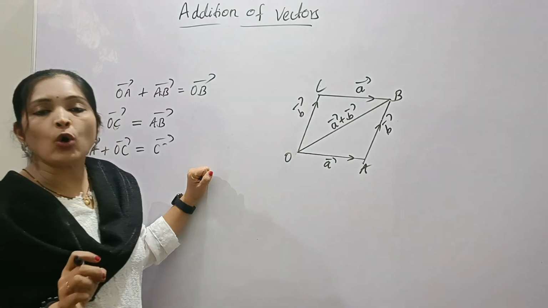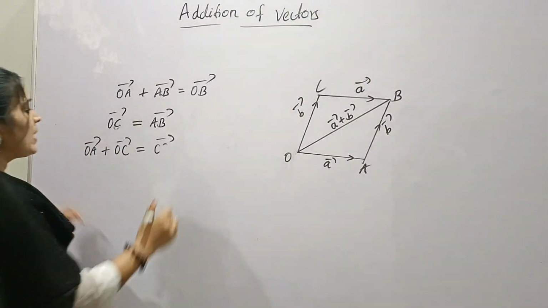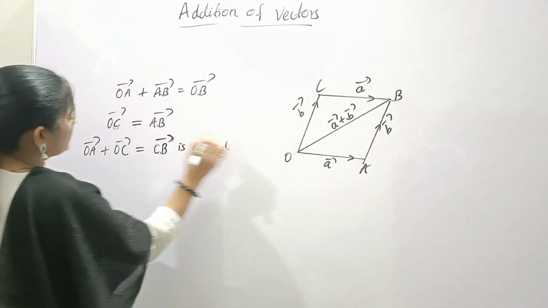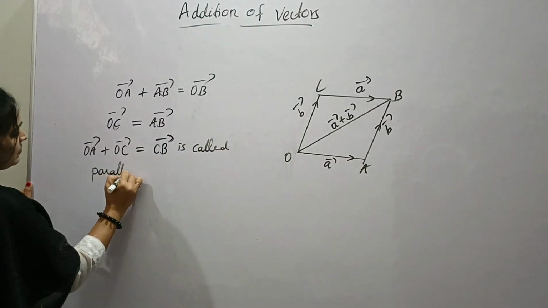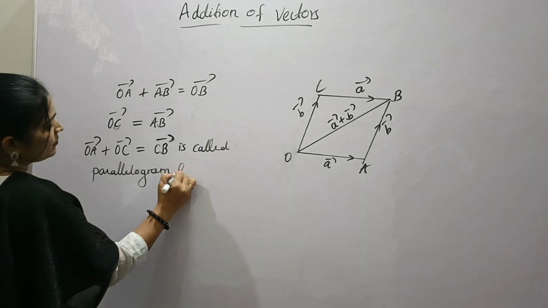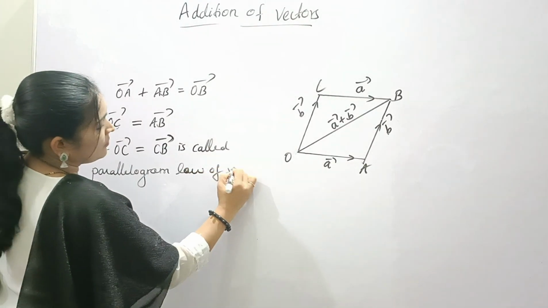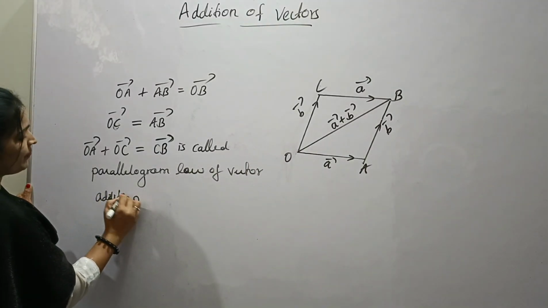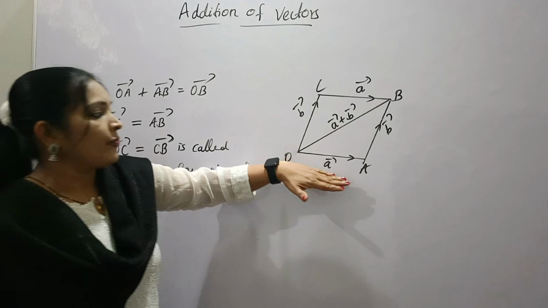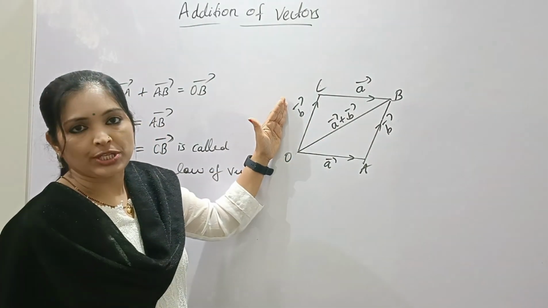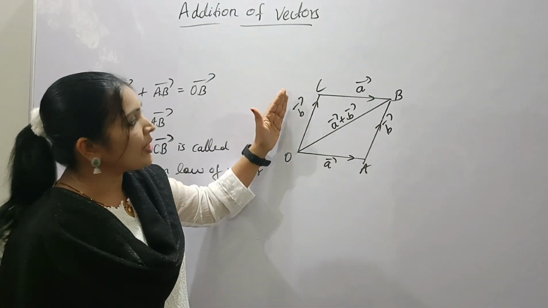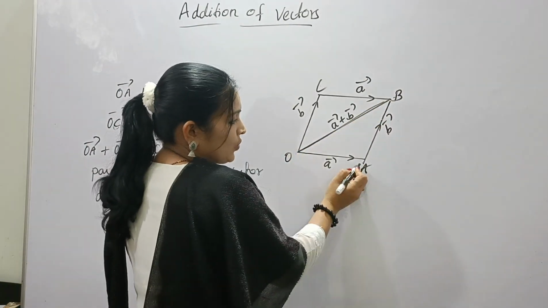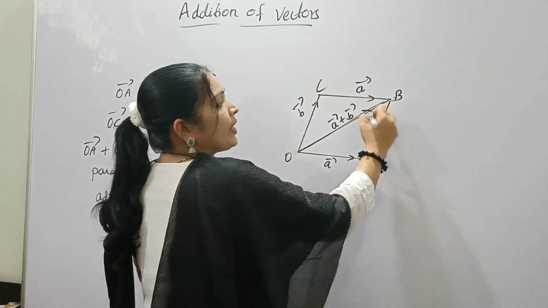So it is called the parallelogram law of vector addition. That is, vector OA plus vector OC is equal to vector OB.